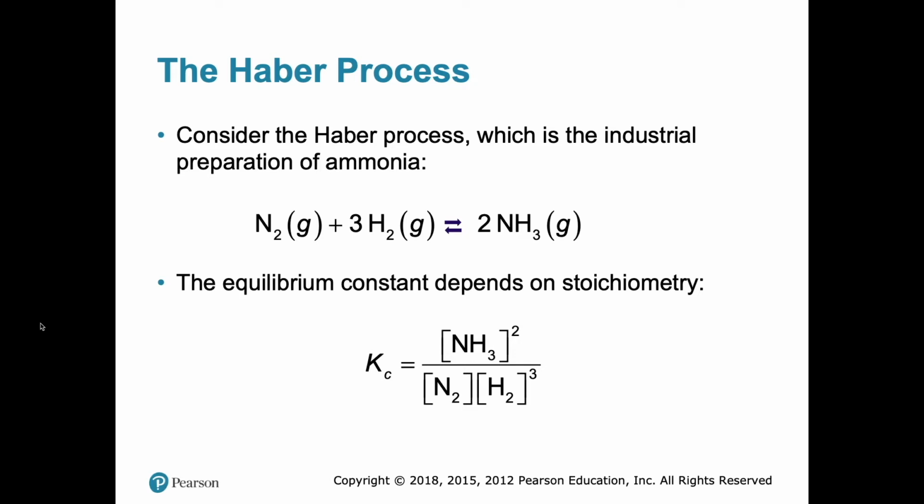The coefficient that's in front of the ammonia. And then the 3 comes from the coefficient in front of the hydrogen, right? And what's the coefficient for the nitrogen gas? 1, exactly. That's the first step to getting a KEQ equation correct.